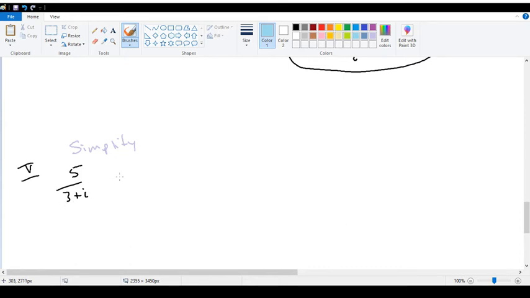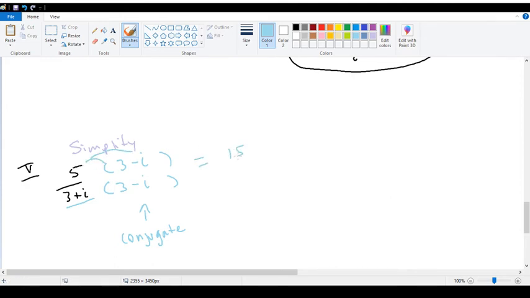So what we have to do is multiply everything by something called the conjugate. It's almost the same thing as this, except it's the opposite symbol. So 3 minus i. We multiply that to the bottom and to the top, numerator and denominator. When you do it to the top, you have to distribute that 5.